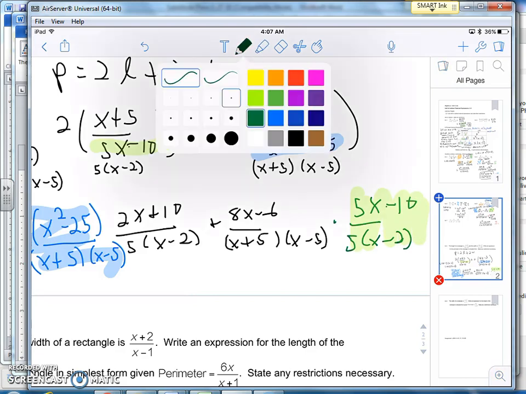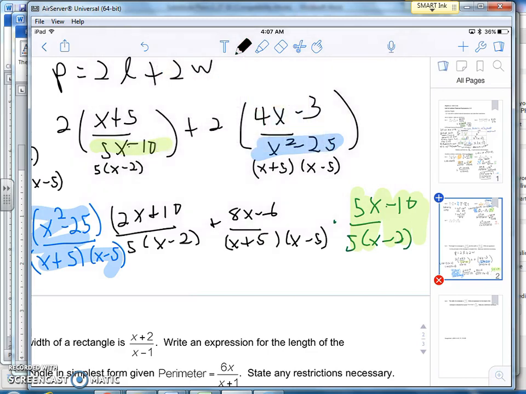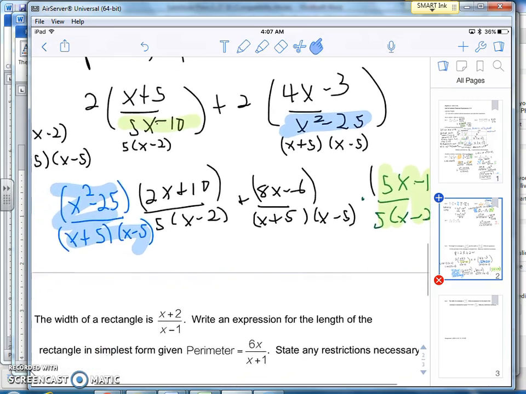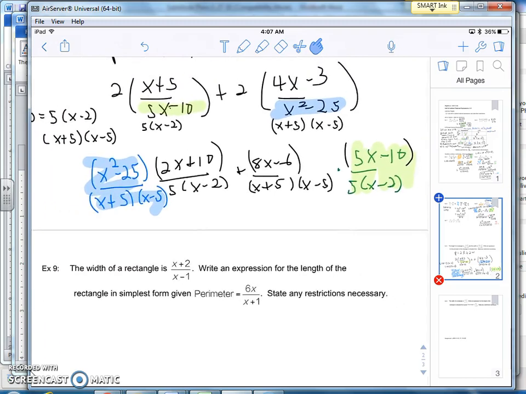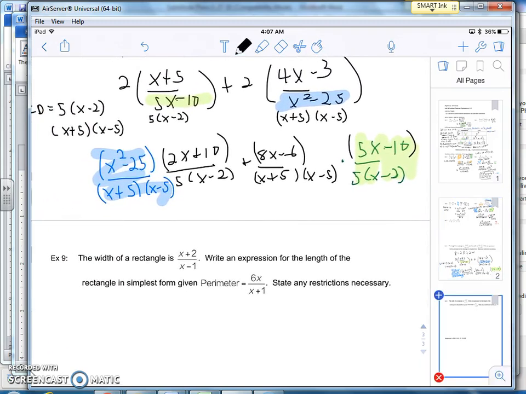So now I get to do some foiling. Alright, let's see how much room we have. So 2x times x squared, minus 50x. I'm doing this out of order, sorry.